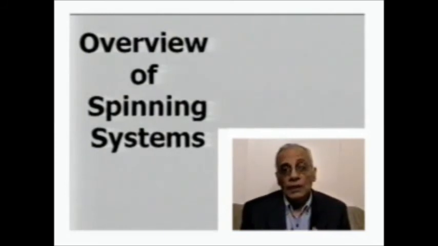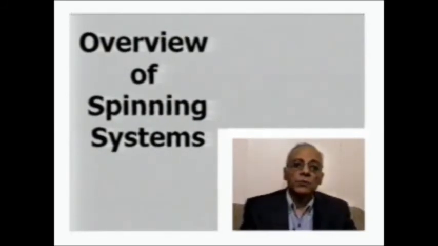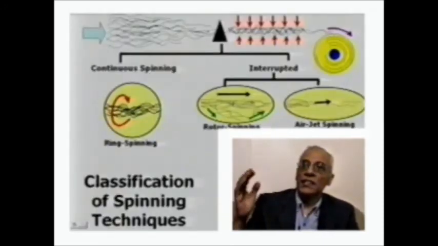We will also go over some of the different categories and different types of yarns to give you an overview of the yarn world. It's very important to know about different types of yarns and all the possibilities that are out there. So with this, let us begin this session here, an overview of spinning systems.